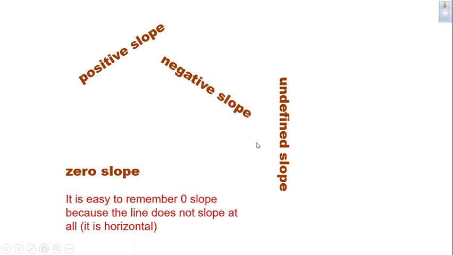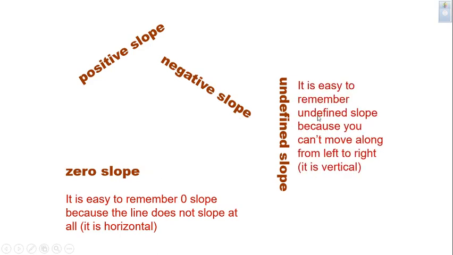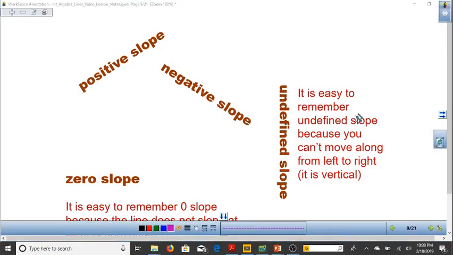When the line is decreasing, the slope is negative. When the line is horizontal, the slope is 0. When the line is vertical, there is no slope. The slope is undefined. There is no number that corresponds to the slope.